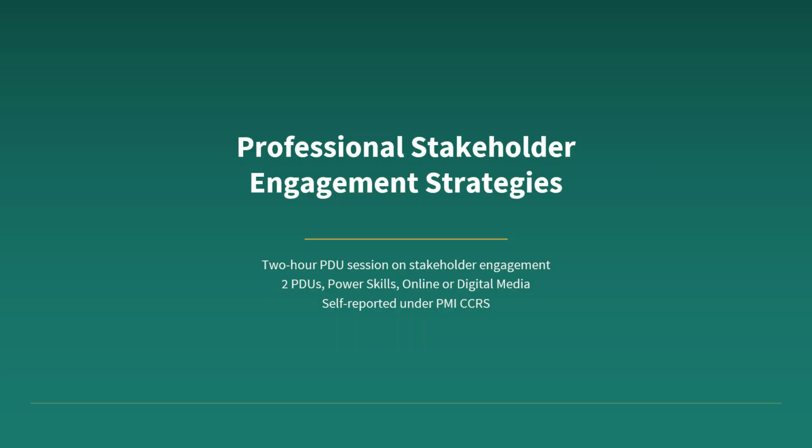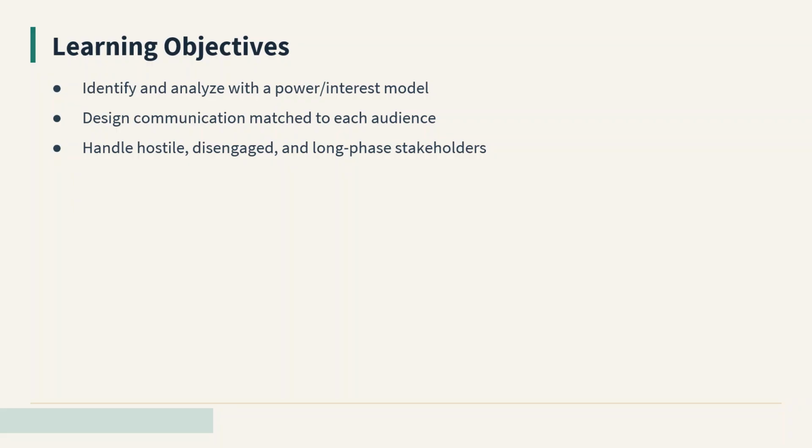By the end of this session, you will be able to do 3 things. First, you will be able to conduct a rigorous stakeholder identification and analysis using a power and interest model, producing an engagement plan that is tailored to each quadrant.